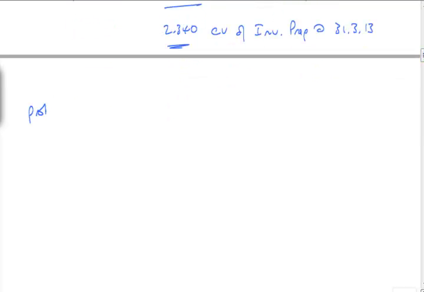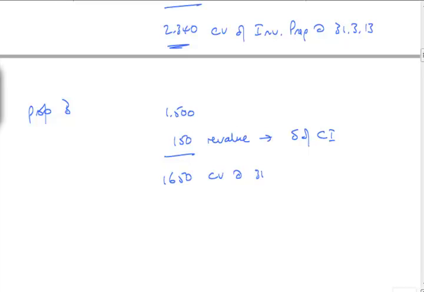Property B, let to a subsidiary, fair value of 1.5 at the start of the year. That's gone up to 1.65. That's a revalue, and that goes to statement of comprehensive income. So 1.65 is the carrying value at 31.3.